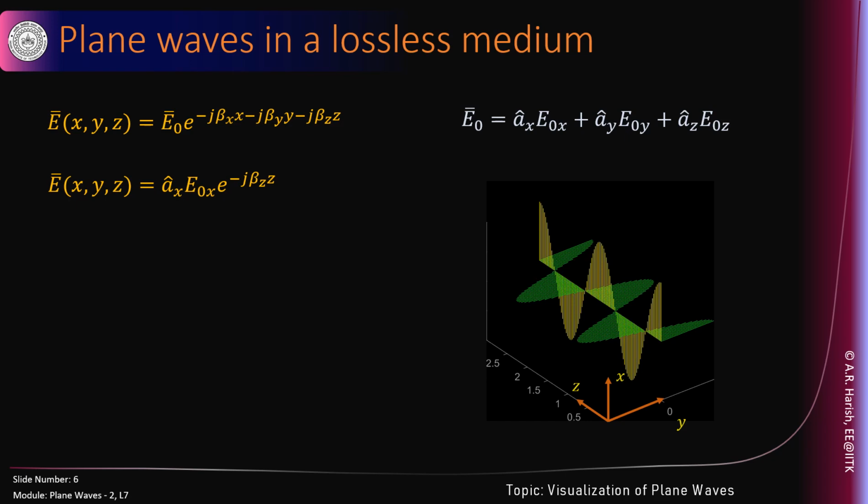So instead of plotting the fields everywhere, all over the place, we just take a line along the direction of propagation and plot the electric and magnetic field on that line. That's good enough. You take any plane perpendicular to this line, and on that plane the field will be constant because it is a uniform plane wave. Right?